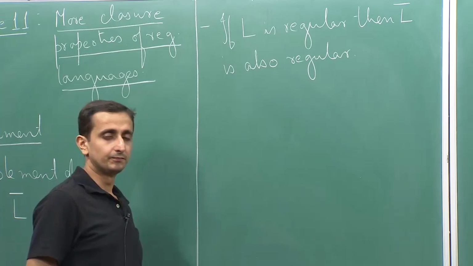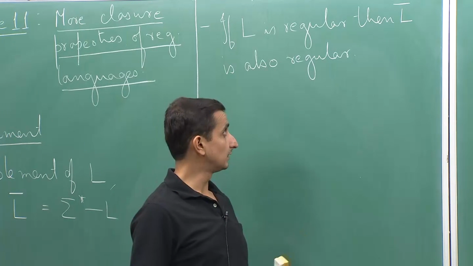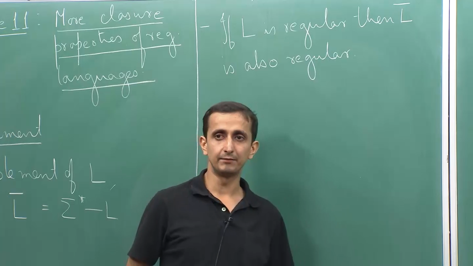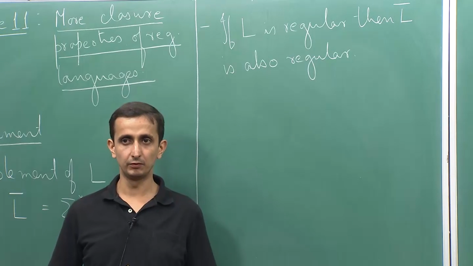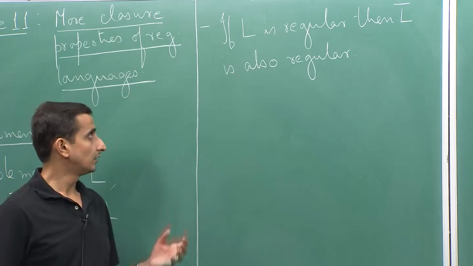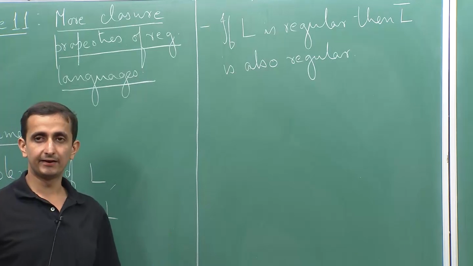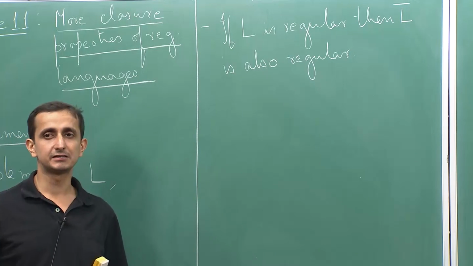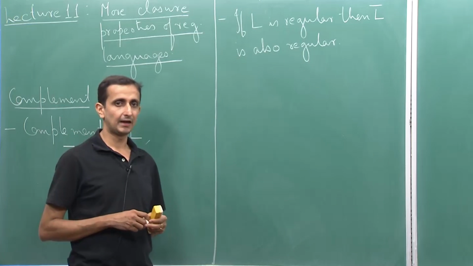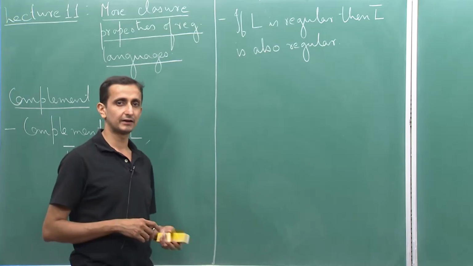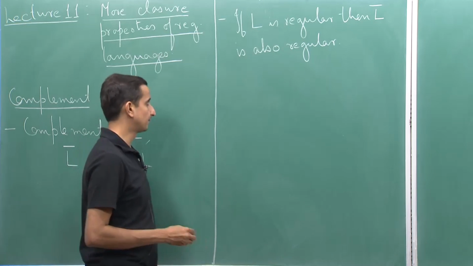So, why is this true? When we give a proof of this statement, we will give a constructive proof in the sense that since L is regular, we will assume there exists a DFA for L, and using the DFA for L, we will construct an automaton for L bar. Okay.